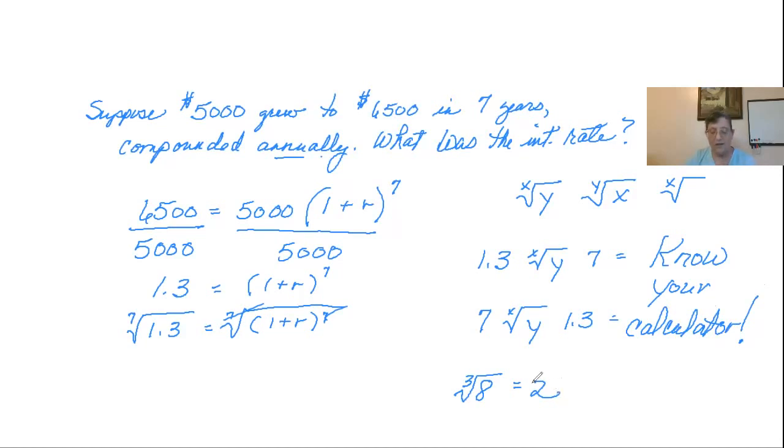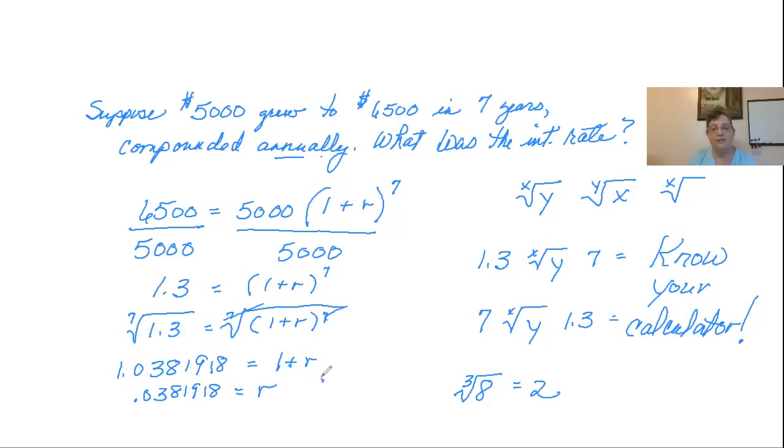So in my calculator, I have the 1.3 in the window. I hit the second function, the xth root of y, 7, equals, and it gives me 1.0381918. That's equal to 1 plus r. So r is going to equal just the decimal part here. They typically want this entered as a percent, and of course rounded.